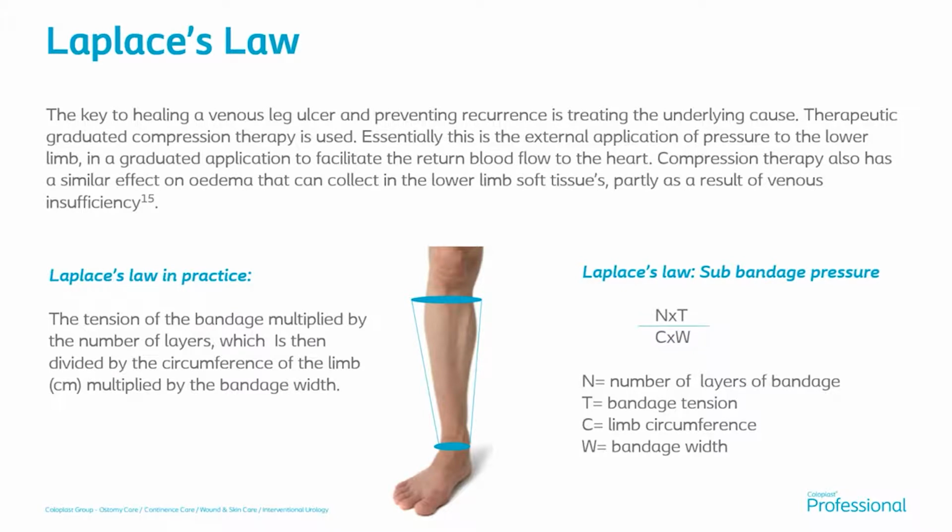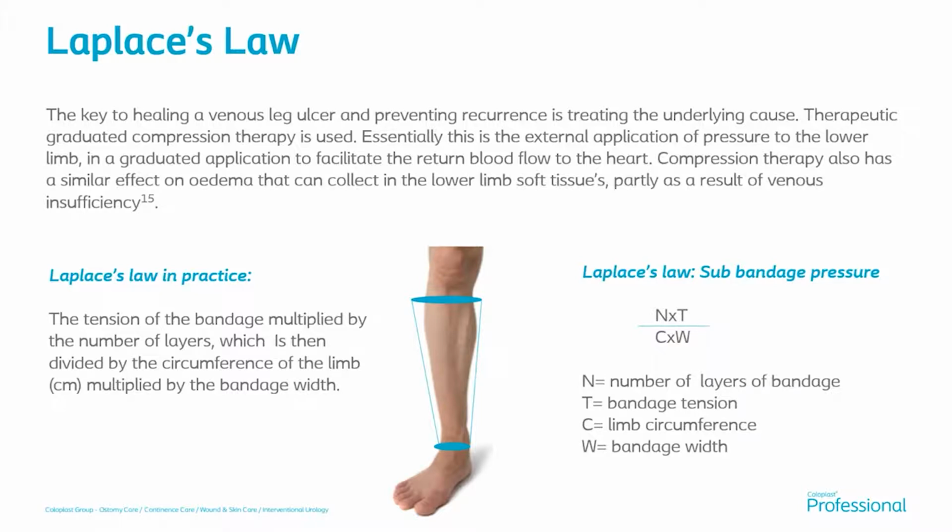So the strongest point should be just above the malleolus, reducing in pressure up to below the knee. So we're encouraging the correct movement of fluid and venous return back to the heart. And that's why it's so important that we have a smaller ankle circumference than we do around the area underneath the knee, to create that optimal shape in a leg, to create the optimal return back to the heart.